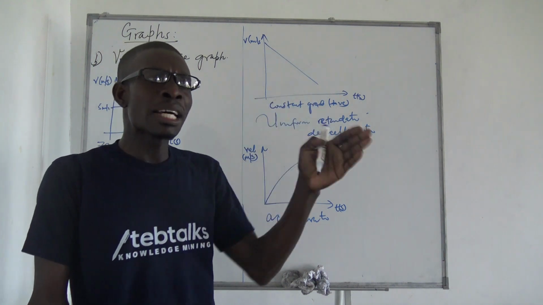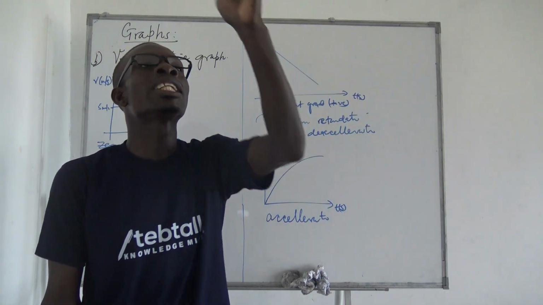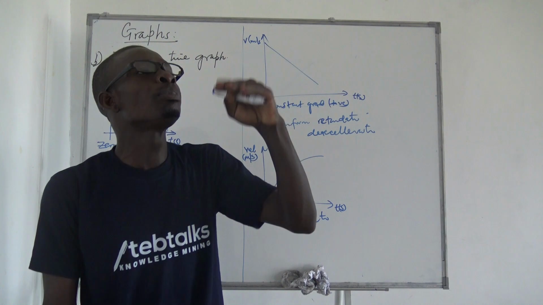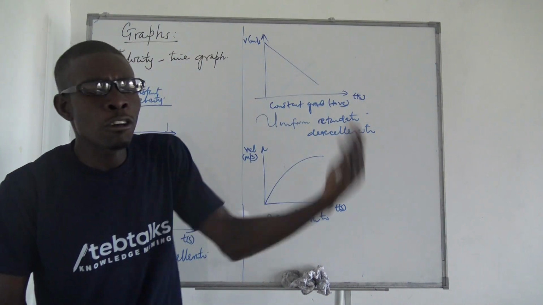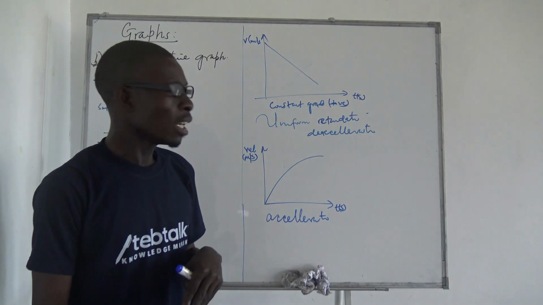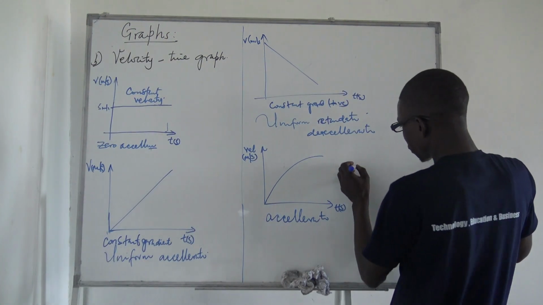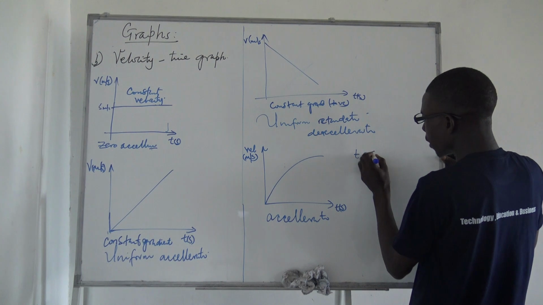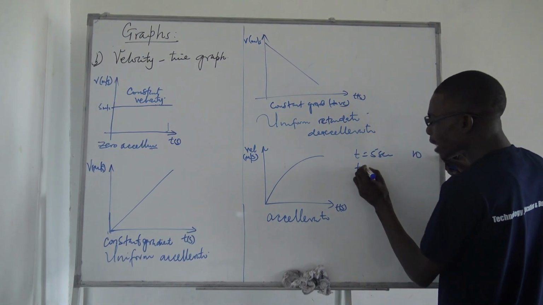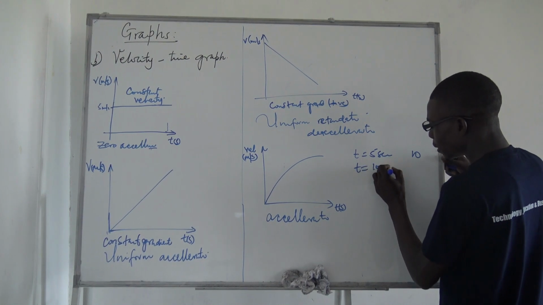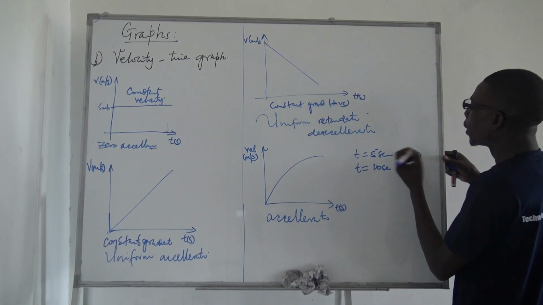You are using the same time interval, but you are changing the speed by a higher amount. The changes are not uniform. Initially you started at 0, maybe by 5 seconds you got a speed of 10. And now another 5 seconds to make it 20. Another 5, you increase it again to 30.